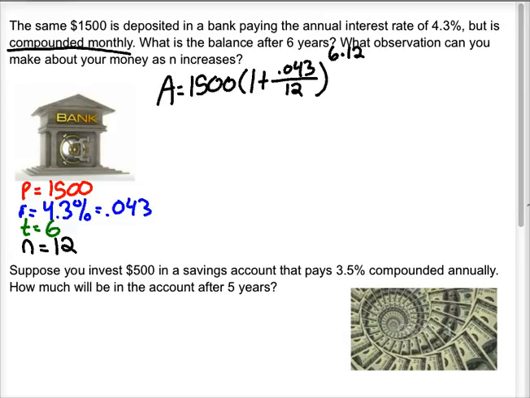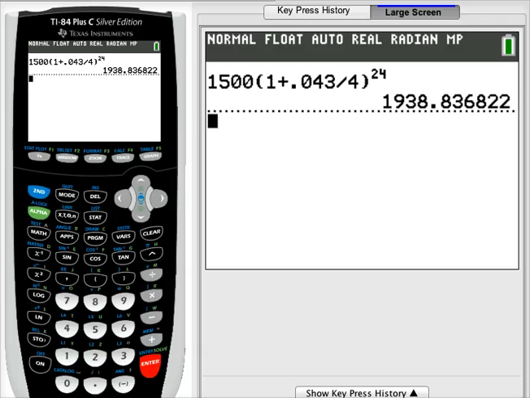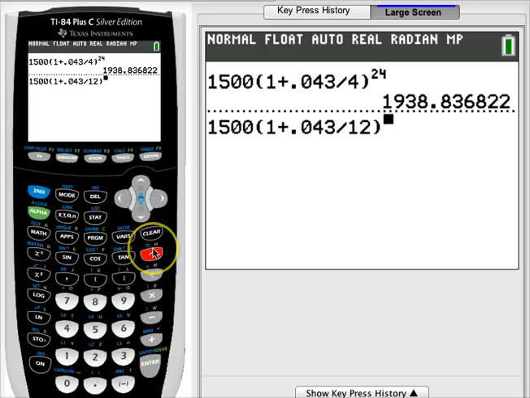So I would take 6 times 12, type them into the calculator, and I would just get that to be 72. Because now this can all be typed in at once. So I can have my 1,500 times 1 plus 0.043, now divided by 12 to the 72nd power.